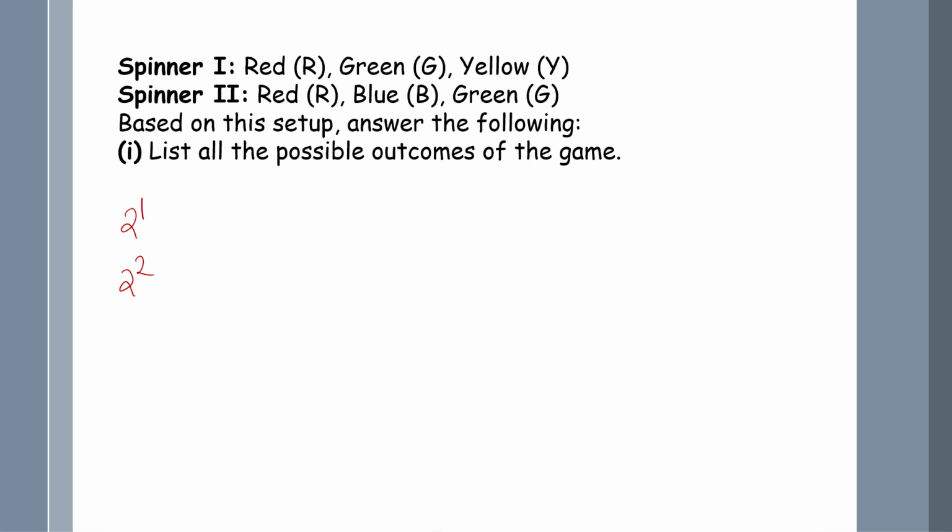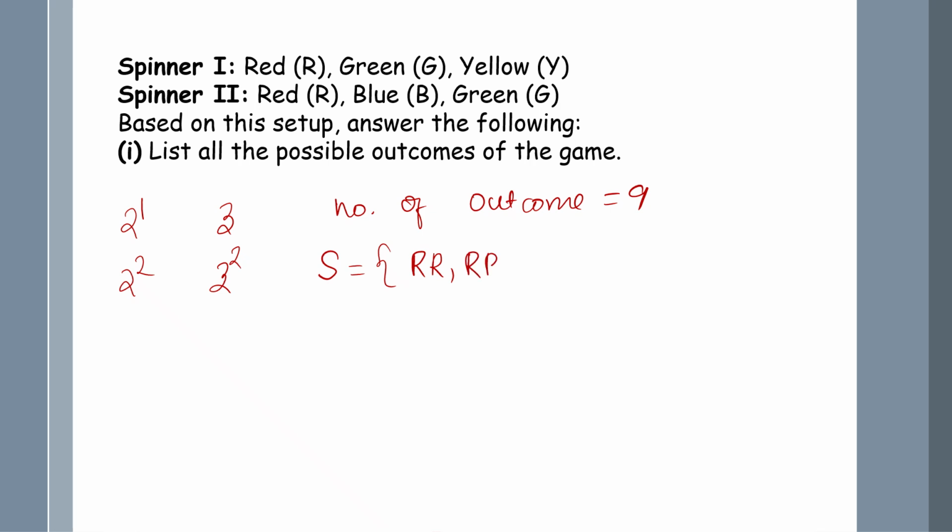Similarly here, each spin has 3 outcomes. Since there are 2 spins, the total number of possible outcomes is 3 squared, which is equal to 9. So we will list all possible outcomes as the sample space: first spin red, second spin red; first spin red, second spin blue; first spin red, second spin green.